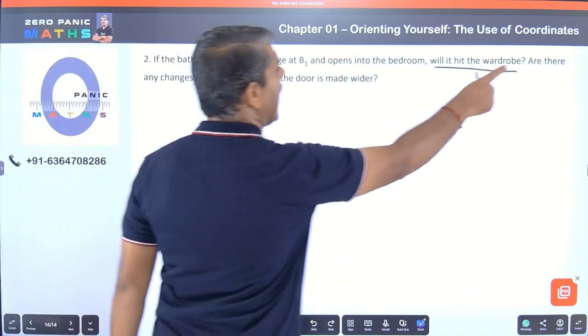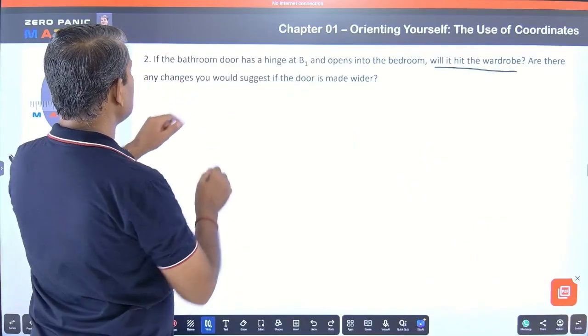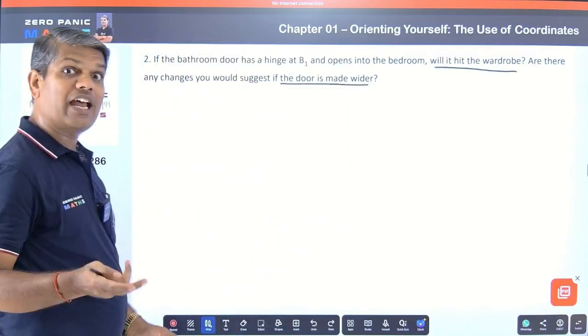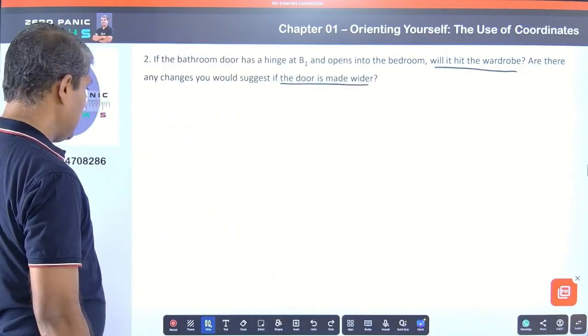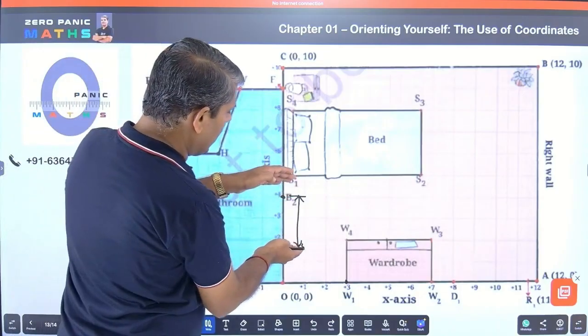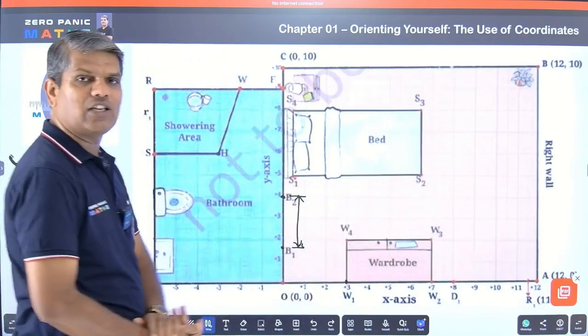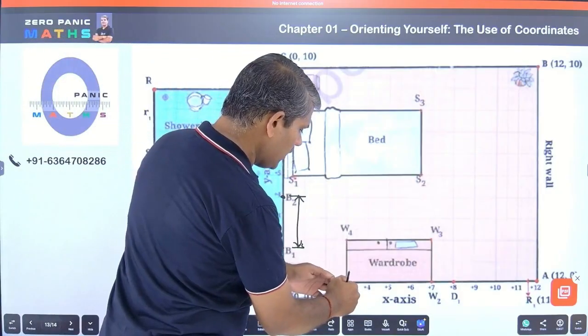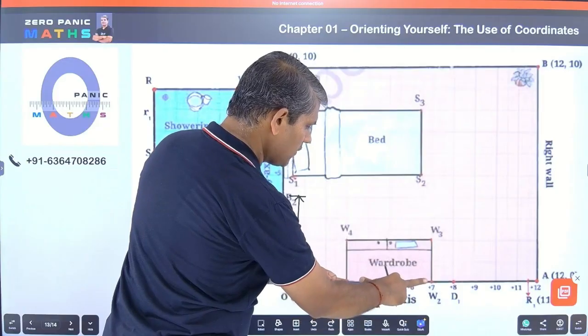Second point is, are there any changes you would suggest if the door is made wider? Now they are asking whether, if the door is made a little bit wider, there are any suggestions. Okay, listen to me carefully. Wardrobe is from 3 to 7, so it is 4 feet.